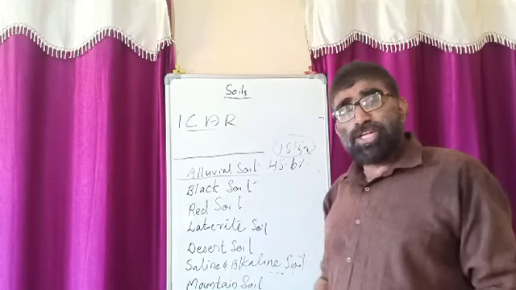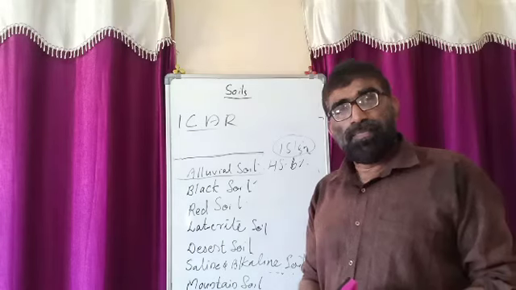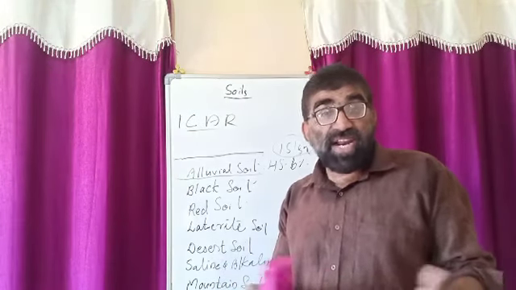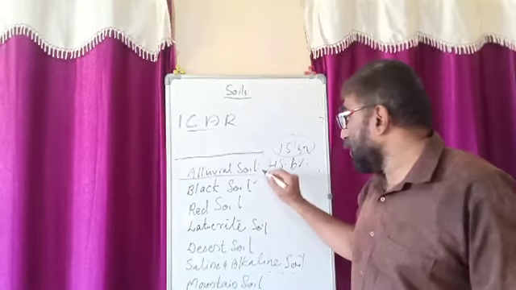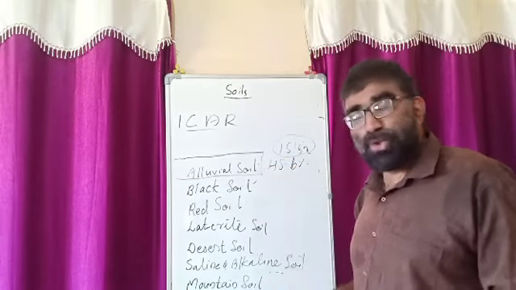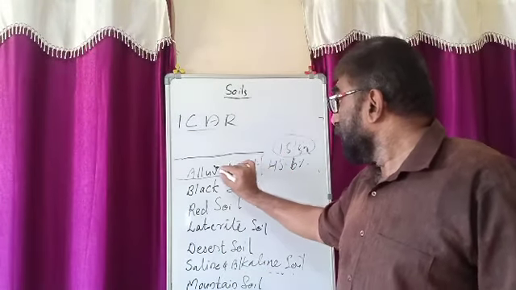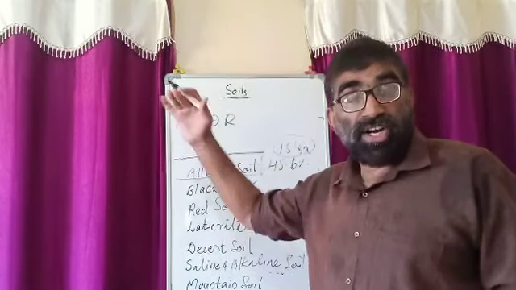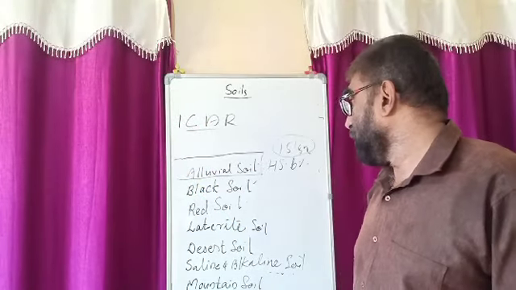So, alluvial soil, different types we can see: inland alluvium, riverine alluvium, coastal alluvium, and deltaic alluvium. Based on the occurrence, we can classify the alluvial soil into inland alluvium, riverine alluvium, which was deposited by the rivers on the floodplain.